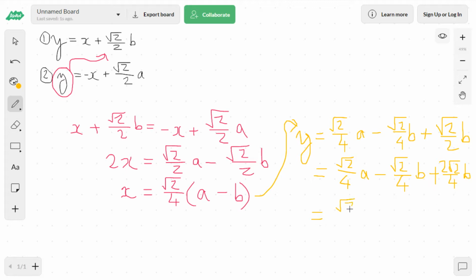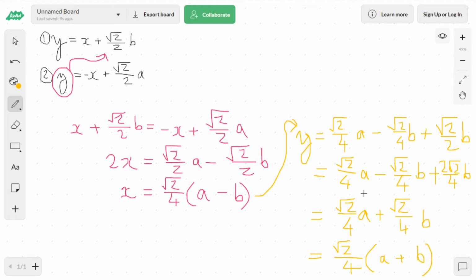So basically what we're going to be left with is root 2 over 4a, and then we're saying minus root 2 over 4b, but then plus 2 root 2 over 4b. So basically the positives end up winning, and we get plus root 2 over 4b, which is basically just the same as root 2 over 4 times a plus b.